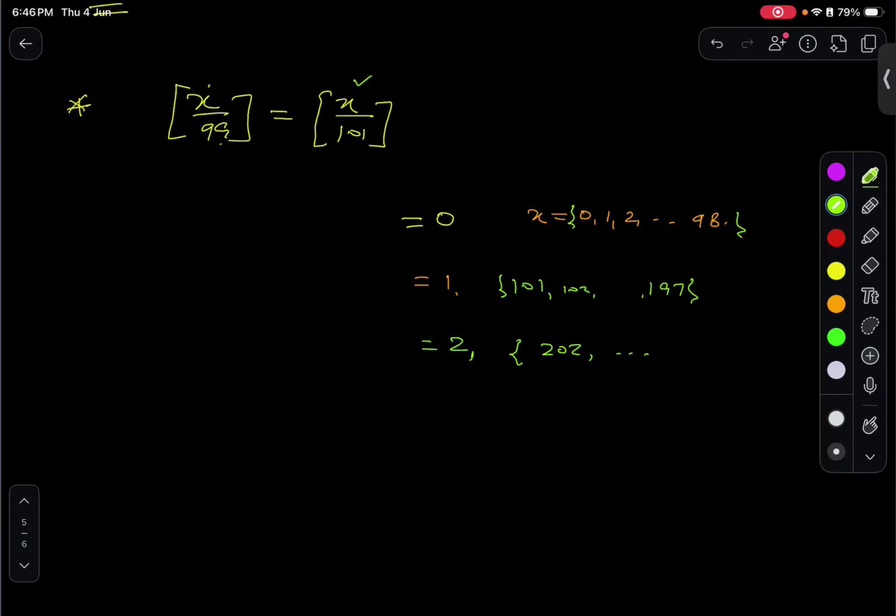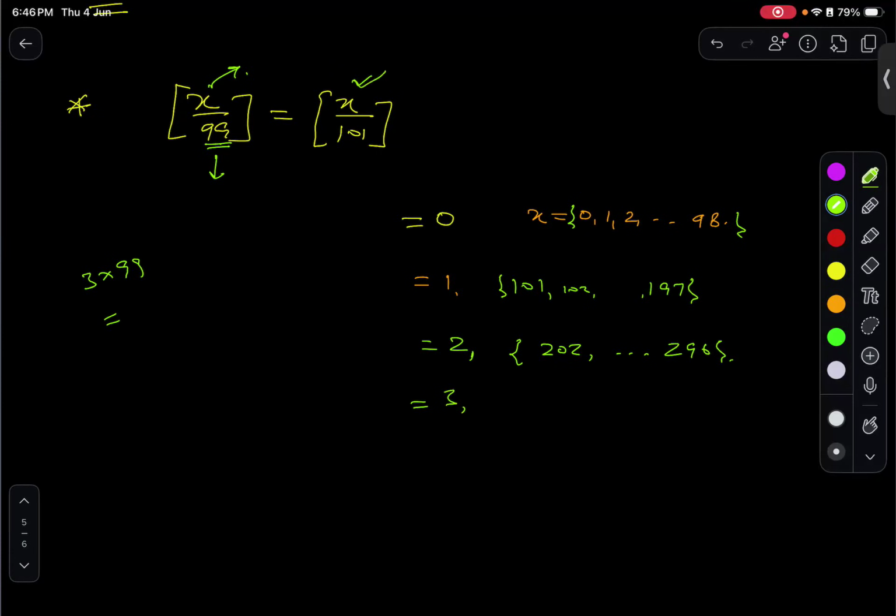It has not to reach 3. So what is the value of x in this case? When this will be 3, so this is 3 into 99, 297, 296. 296, when this value will be 3.